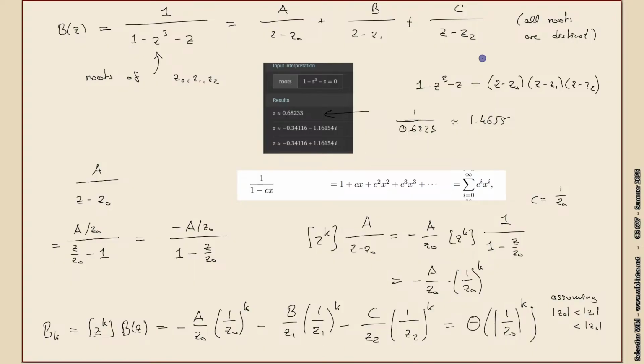Human-guided use of computer algebra gets you there, and you don't have to get your hands dirty with all these complex numbers, but you have to tell the system what to do. If people are interested, I can walk you through it at some other point. For the lecture, that's all I wanted to show here.